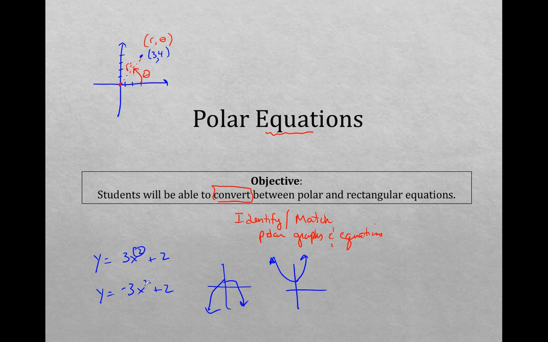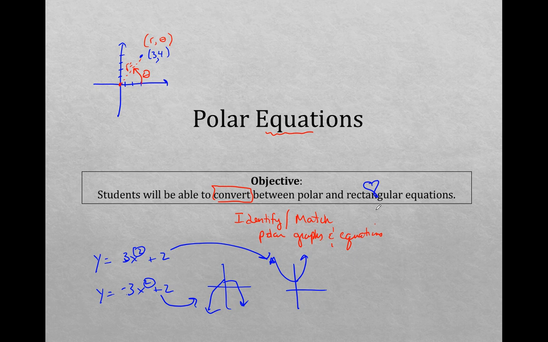A squared means I have a parabola. A leading coefficient that is positive means I open up. A leading coefficient that is negative means I open down. That goes with that one, and this goes with this one. You identified and matched. Parabola, vertex at (0, 2), opens up or opens down. That's identifying and matching, and you are very used to that in rectangular form.